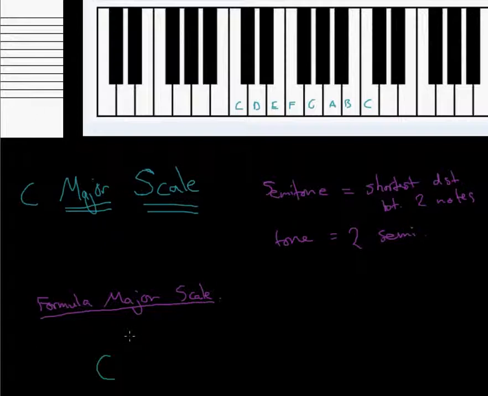We take our starting note, and this is what we do. We move up a tone. We move up another tone. Then we move up a semitone. Then we move up a tone, a tone, a tone, and then we finish with a semitone.